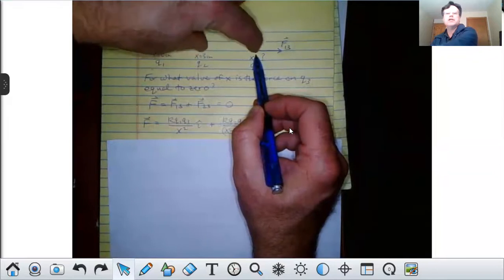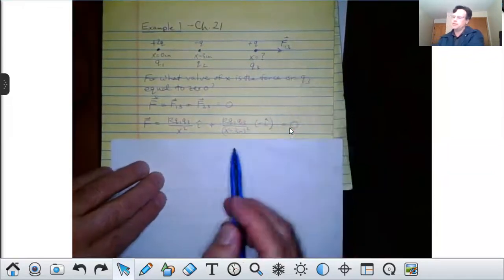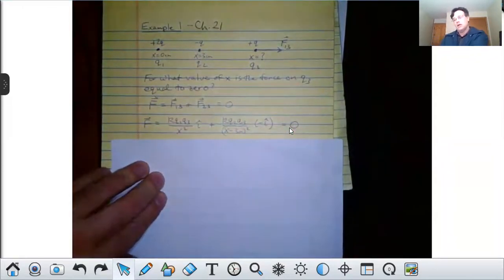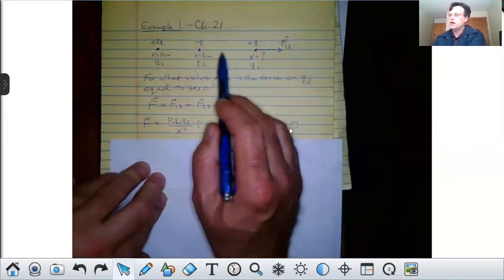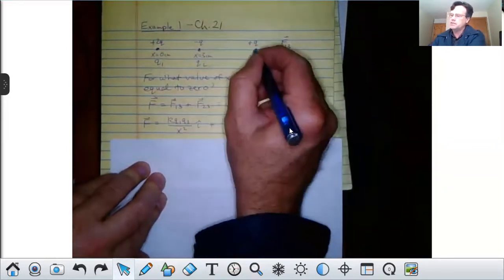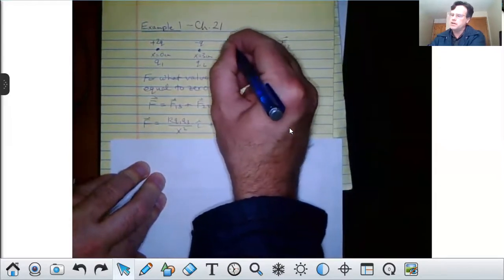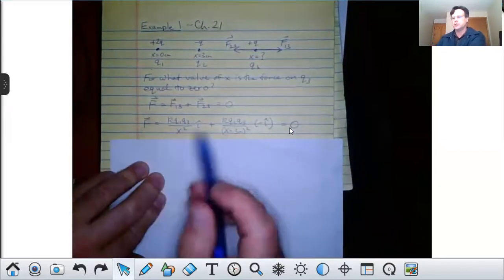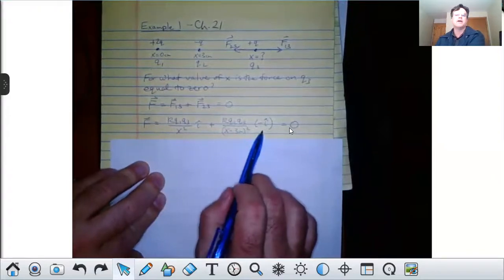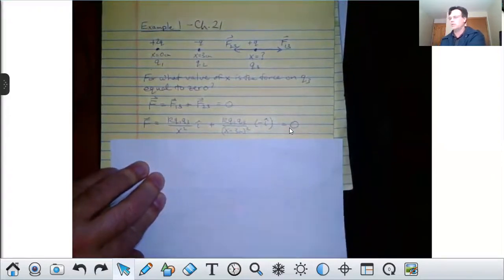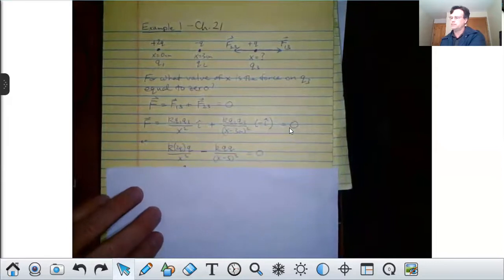I'm just getting the distance between Q2 and Q3 and squaring it. Now, Q2 and Q3 are opposite charges, negative and positive. So the force on Q3 is attractive, and it's going to be pointing to the left, in the negative i hat direction. So again, we want these forces to add up to 0.